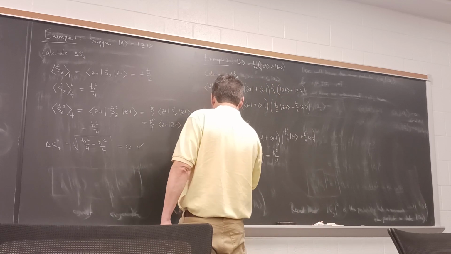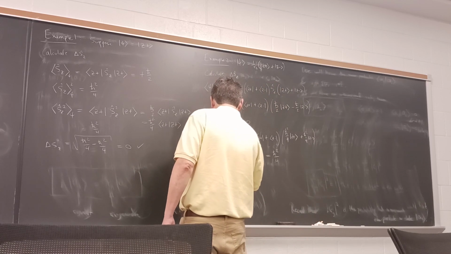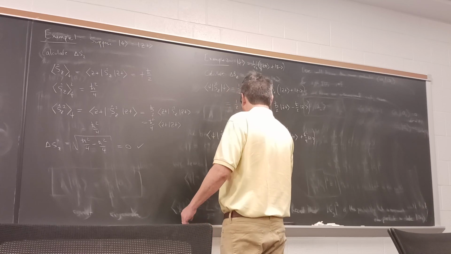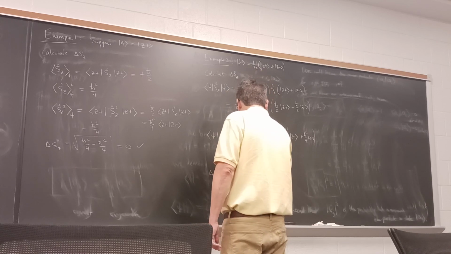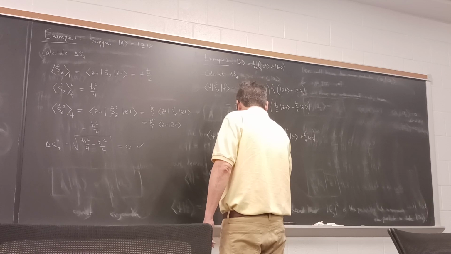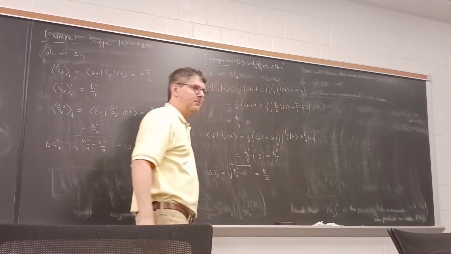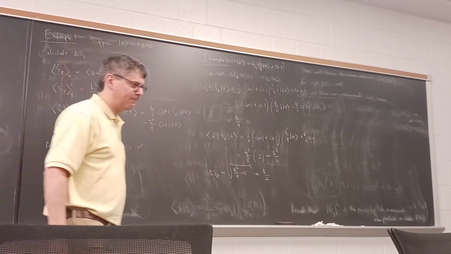Okay, so then delta SZ is equal to the square root of h bar squared over 4 minus 0, so this is h bar over 2.